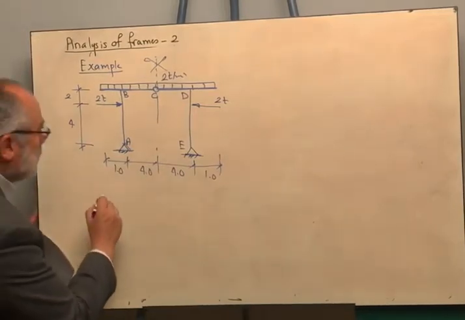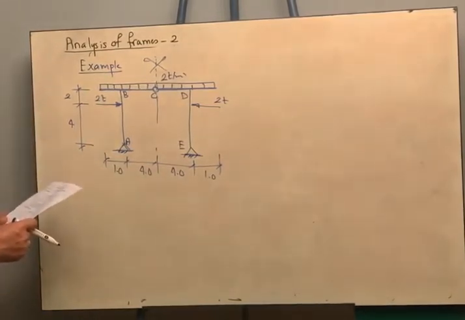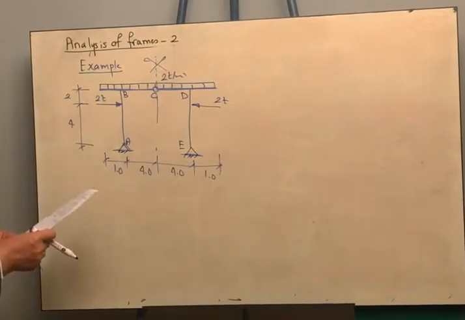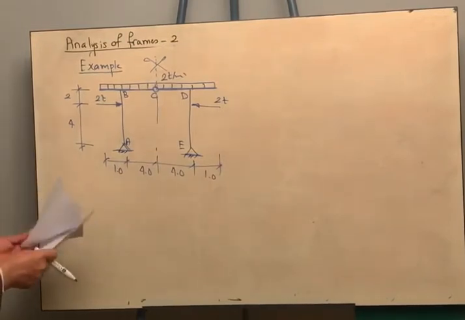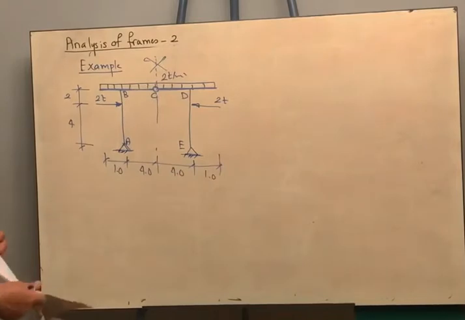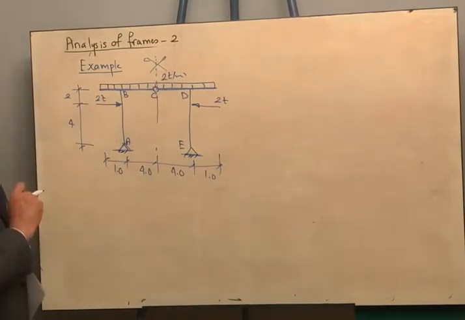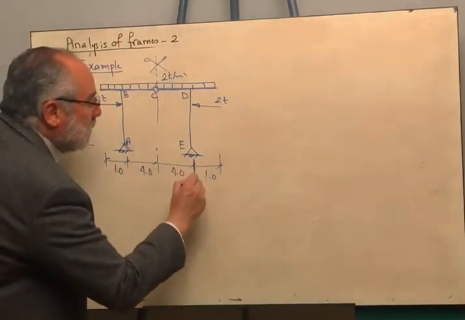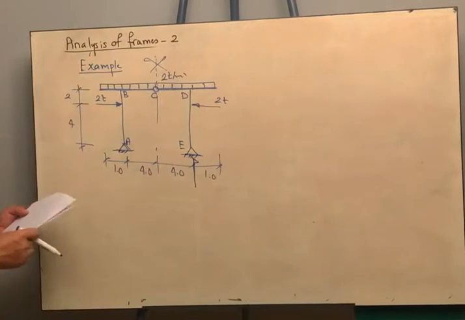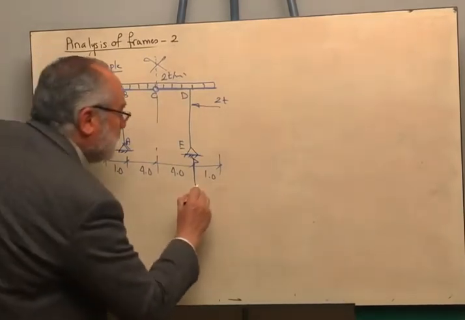First, we will get the reactions. If you took moments about point A, you should be able to get the vertical reaction at E, and this should be equal to 10.